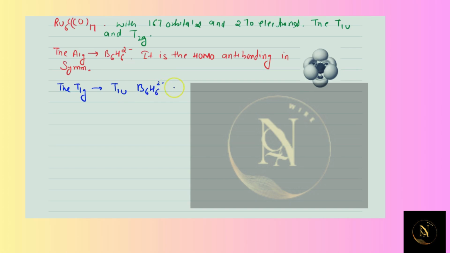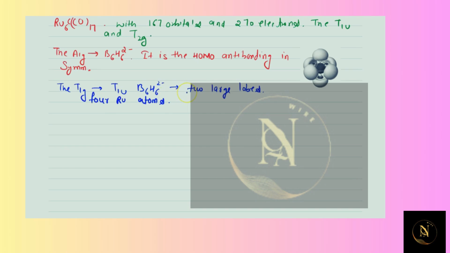There should be two large lobes, each derived primarily from d orbitals on 4 ruthenium atoms, and p orbitals of the centered carbon, plus lobes on opposite ruthenium atoms.